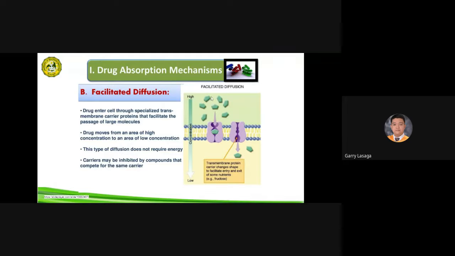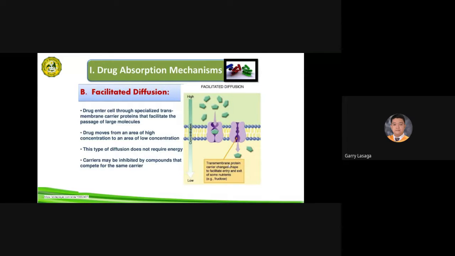You can see that the concentration of the molecule is greater on the outside relative to the inside. For those molecules that are unable to readily pass across the cell membrane, they will be able to traverse the membrane by way of transport proteins. In this case, we have a protein that will serve as a channel whereby these molecules will be able to pass through the membrane from the outside to the inside.